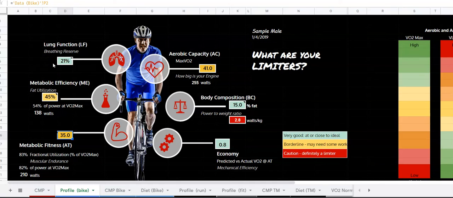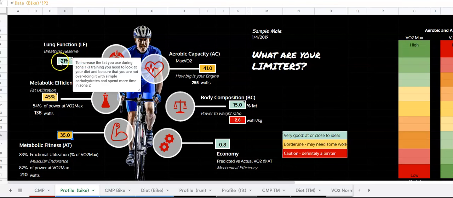This particular one is the breathing reserve, where we have a predicted value of how high you should be moving that air in and out relative to a predicted value. The sweet spot is somewhere between 20 to 40% of your predicted. So he's in the green here.